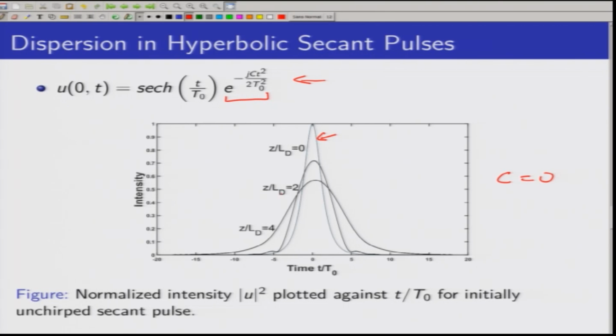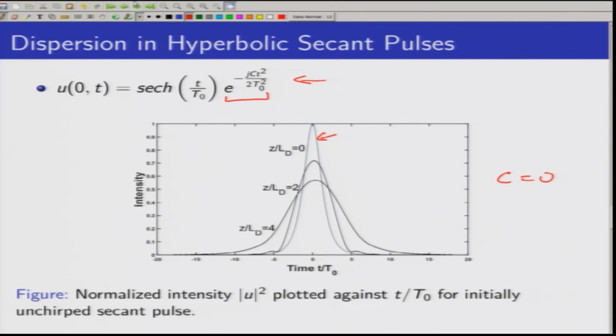The secant pulses are narrower than the Gaussian pulses, so the instantaneous frequencies are much higher, and hence we see some sort of distortion at the ends, because the instantaneous frequencies in this scenario are higher than the frequencies in the Gaussian case.